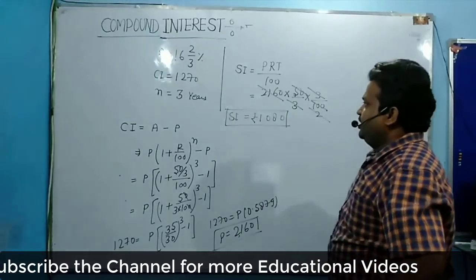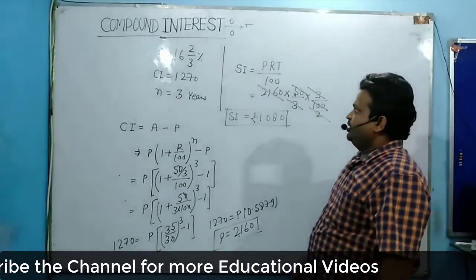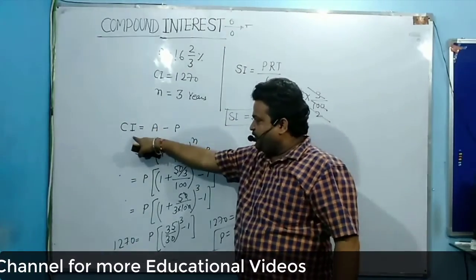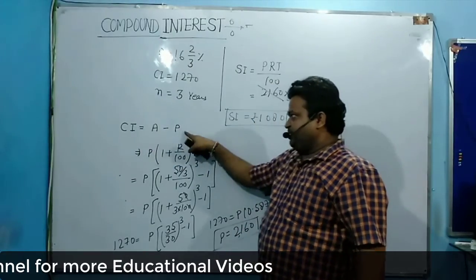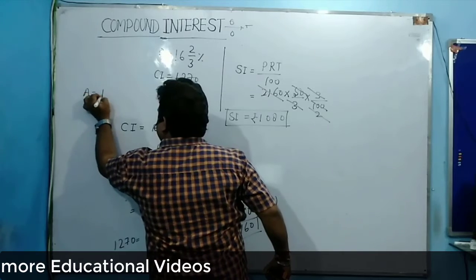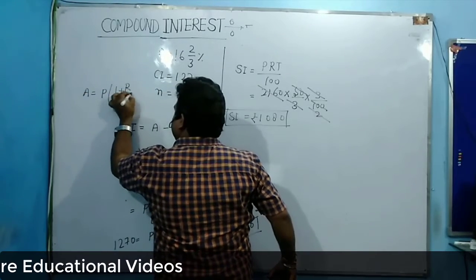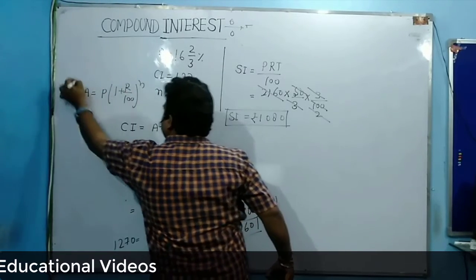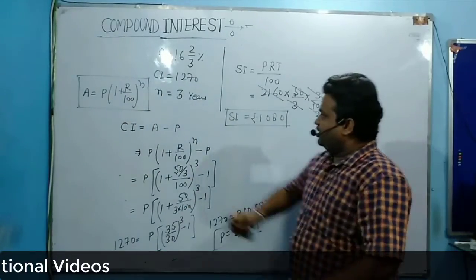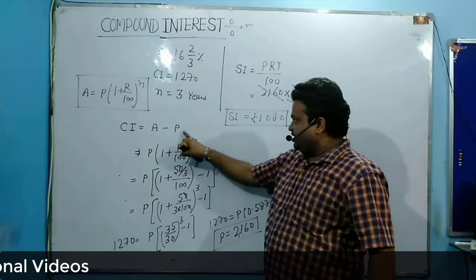So this is a question where compound interest is given to you, but you need to apply the compound interest formula, like A minus P. You know the A formula. The A formula is your basic formula. A is P (1 plus R divided by 100) raised to the power n. This is my basic formula for compounded annually. Now this formula I am putting over here. This P remains the same.